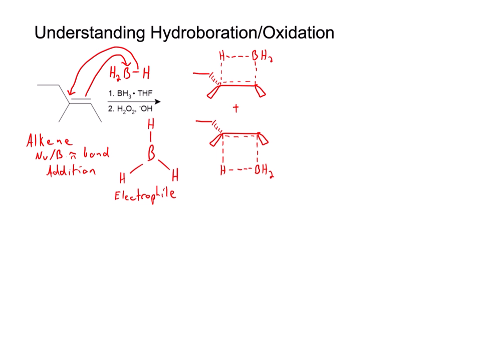The first thing you might notice is that we actually have 2 transition states. The second thing you might notice is that the hydrogen and the BH2 are both added to the same side of the original double bond. That is, both are added either to the top side or to the bottom side. To understand this, we have to rotate this alkene in a different manner than how it's drawn in order to see why this happens.